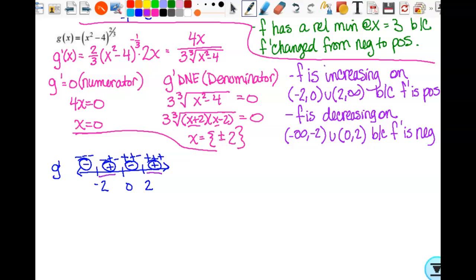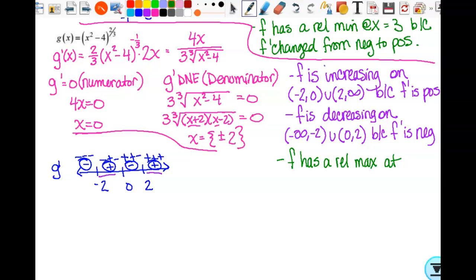Now we need maximums and minimums. All right. So we can say F has a relative max at, okay, what has to be true to get relative max? We change from what to what? Positive to negative, because we're changing from increasing to decreasing, right?